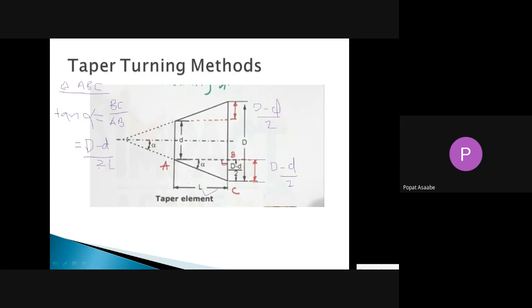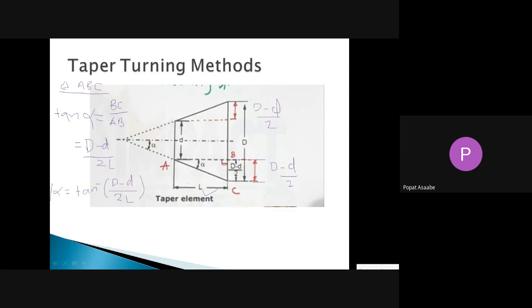Now we want to calculate here alpha. इथं आपल्याला काय कॅल्क्युलेट करायचं, अल्फा. So I am going to write here alpha is equal to tan inverse, inside the bracket I can write capital D minus small d divided by 2L.